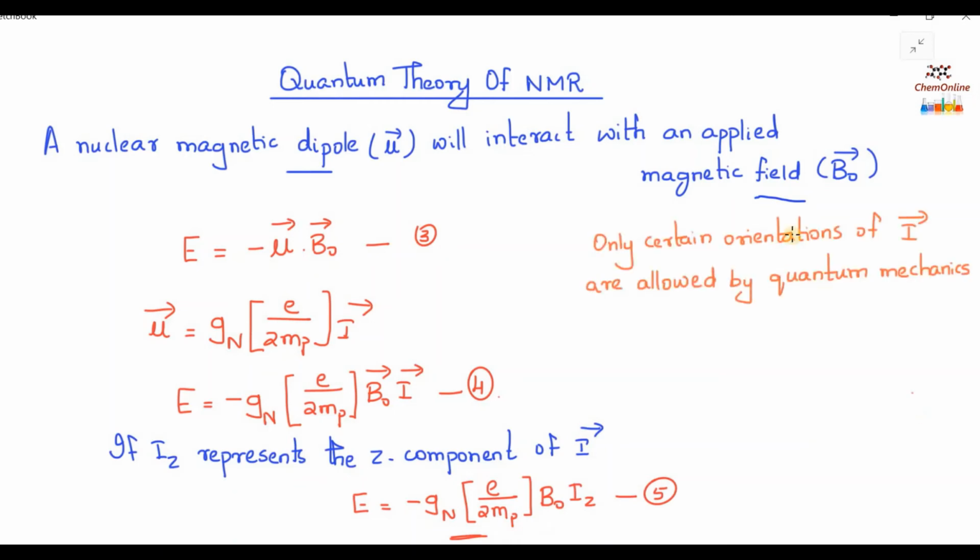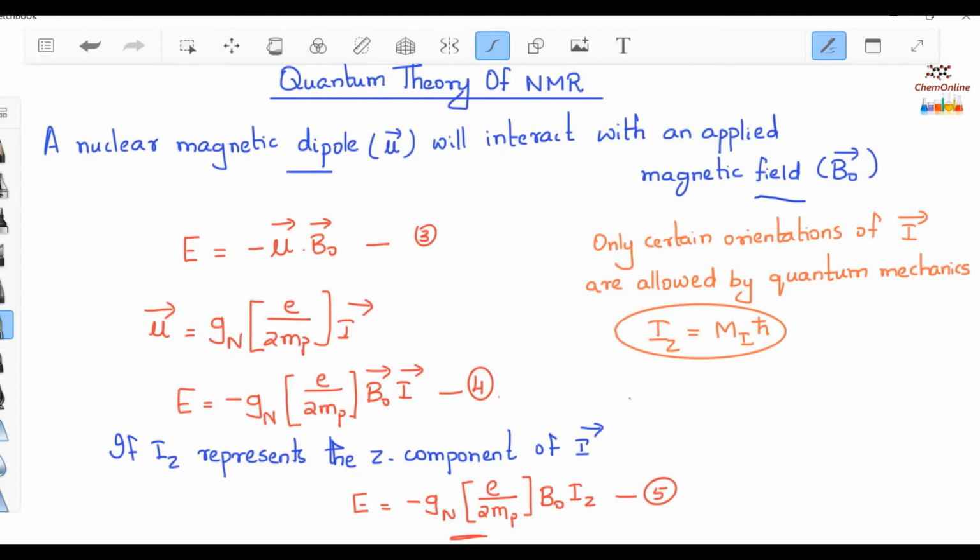However, only certain orientations of vector I are allowed by quantum mechanics. So the possible values of the Z component of vector I are given by Iz equals mi into h cross, where mi is a quantum number and its values range from minus I to plus I. Or we can say that Iz is quantized along the direction of the magnetic field with the possible values mi into h cross.